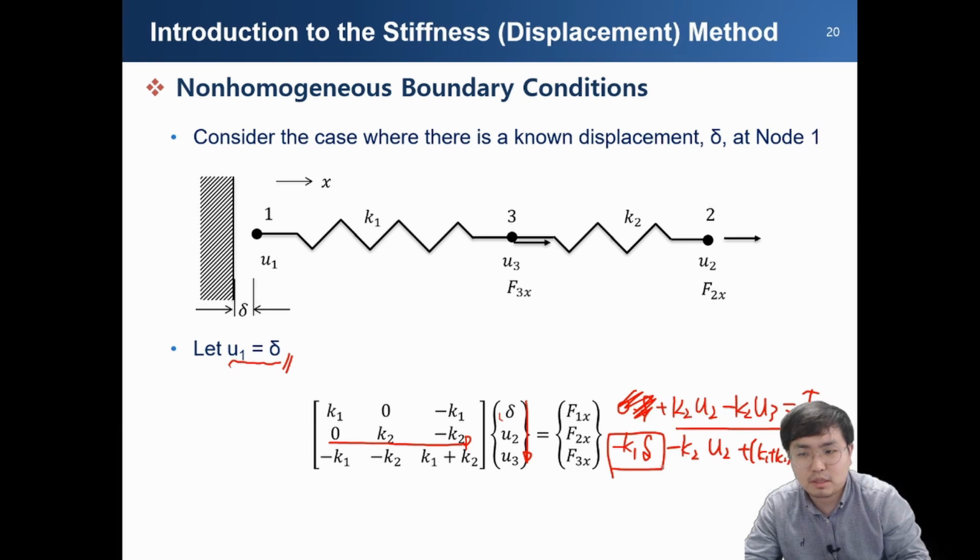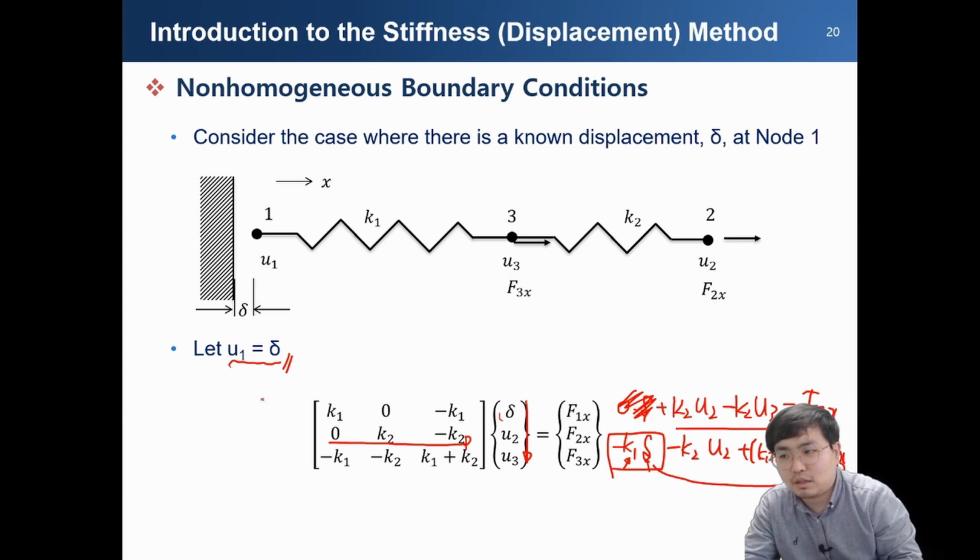On the left-hand side we want to remain only unknown variables. This part is a known variable, because we know the spring constant, and we know the specific boundary condition. So this part goes to this side.